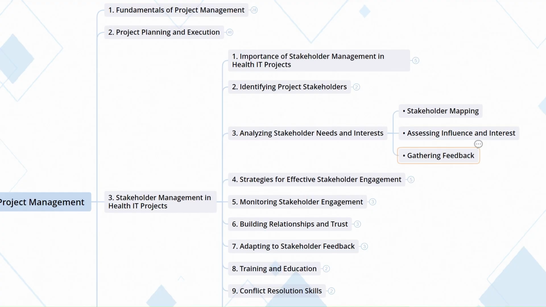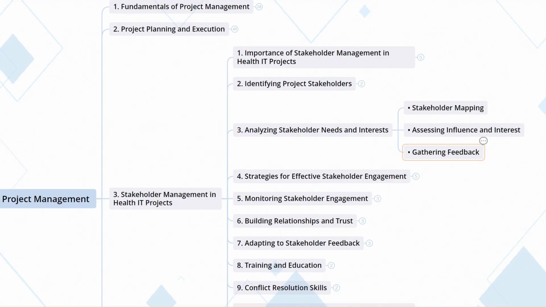Next, gathering feedback. Conducting surveys, interviews, or focus groups with stakeholders provides valuable insights into their perspectives and expectations. This input can guide project planning and scope definition.